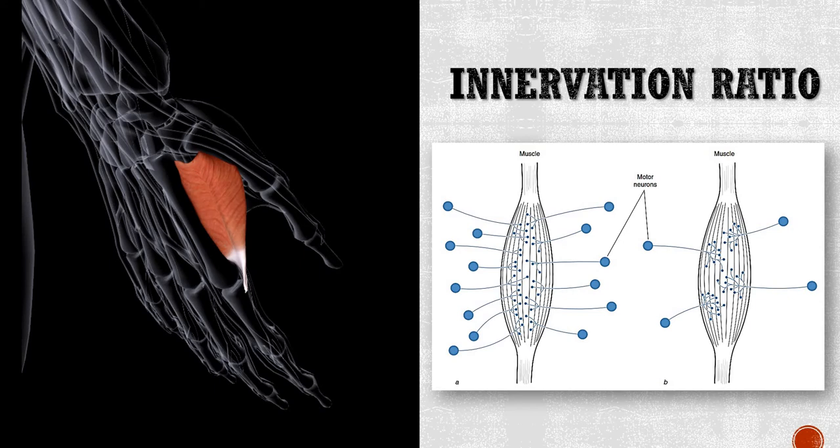So for example, it's not necessary to recruit all of the motor neurons and all of the muscle fibres in order for this muscle to perform its task. If you refer to muscle A here, you may just want to recruit a quarter of those fibres, and then once they start to become fatigued, you could recruit another quarter of those, and let the original muscle fibres that you recruited recover.